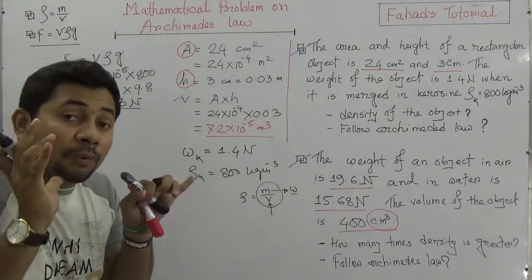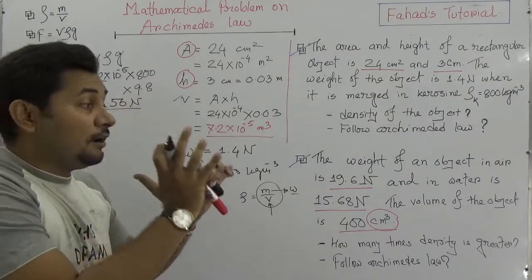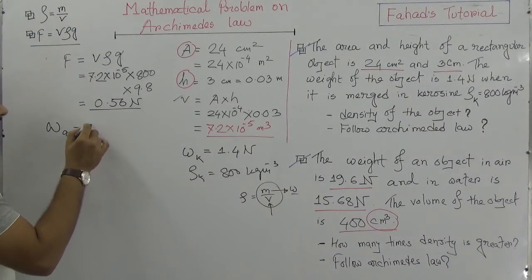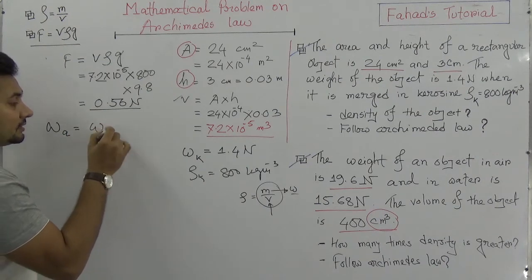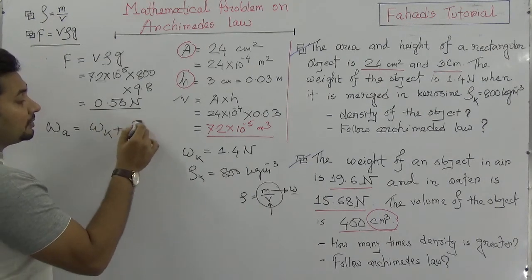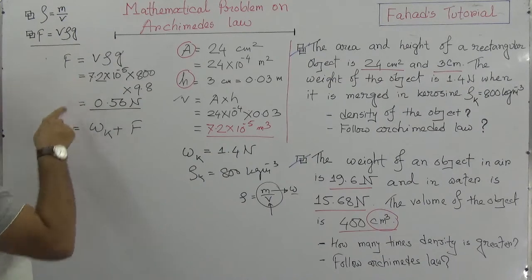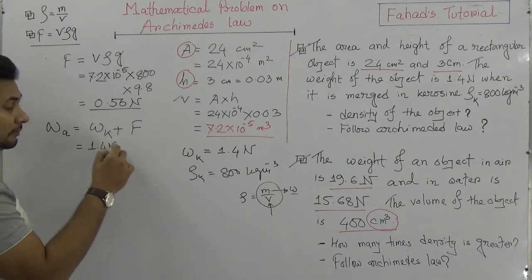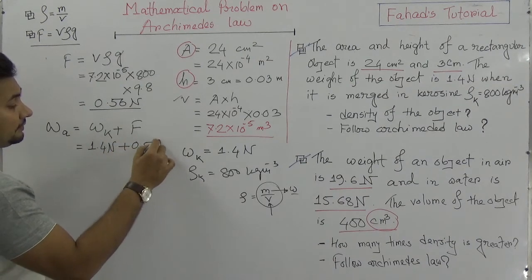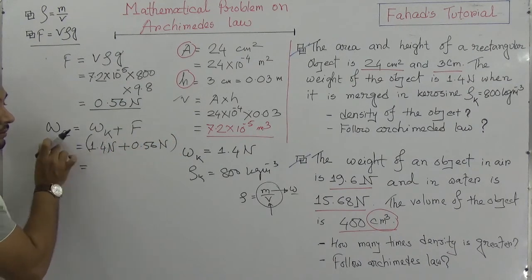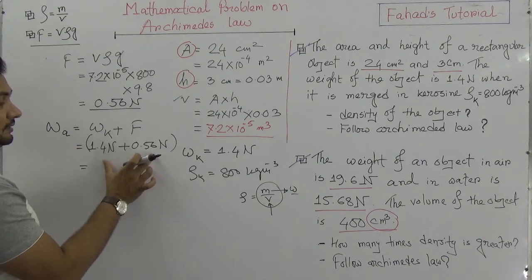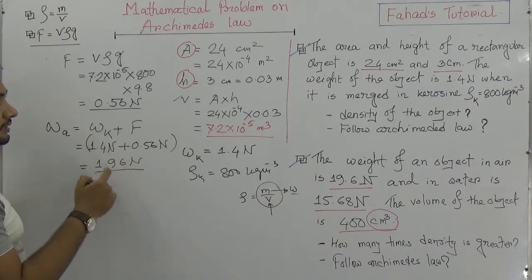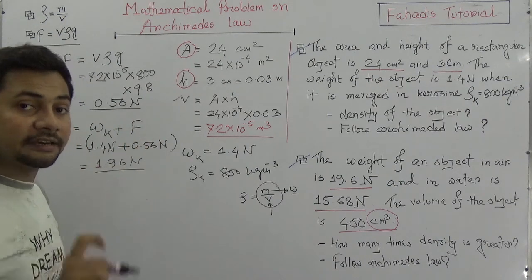So we need to find the weight of that object in air. The weight in kerosene plus the buoyancy gives the weight in air. So 1.4 Newton plus 0.56 Newton would be the total weight of the object. So we got it, 1.96 Newton is the weight of the object in air.